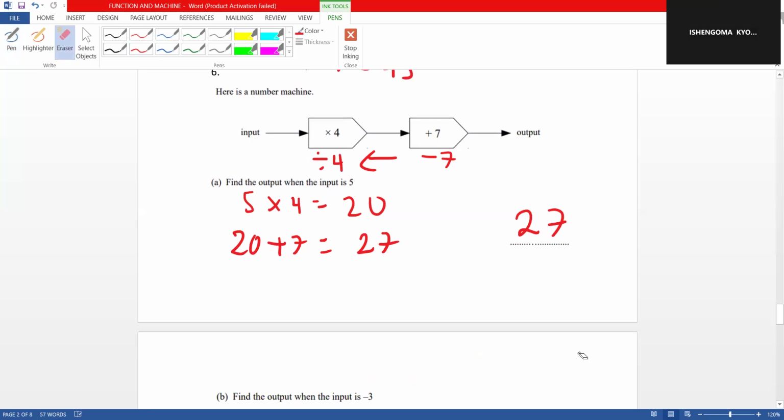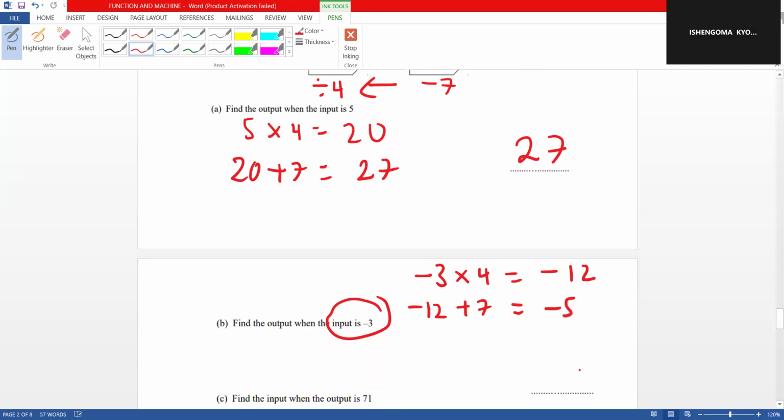In B, we are still given the input. Look, this is still input. It's not output. So because it's still input, I will follow the same machine. So I will multiply by 4 and I get minus 12. Then after getting minus 12, I will add plus 7 and I get minus 5. And that will be my output.